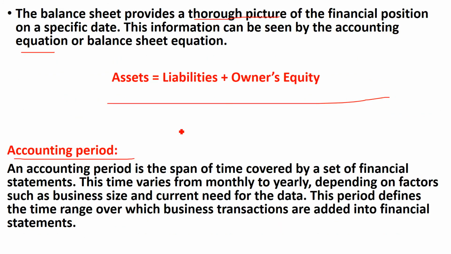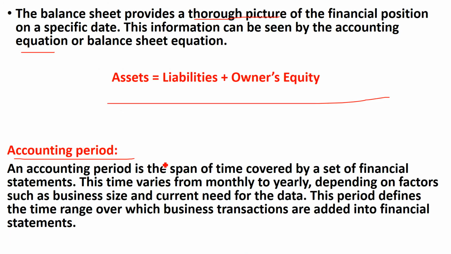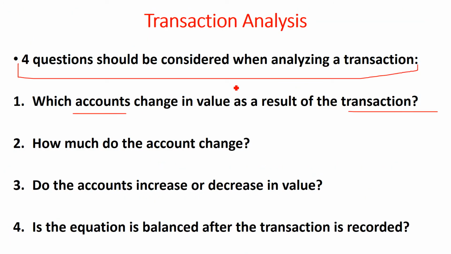Which accounts means, see, these are the accounts: cash, receivable, supplies, accounts payable. Whenever you see any transaction, you have to find out which accounts will change. Second is, how much do the accounts change? Third is, do the accounts increase or decrease in value?